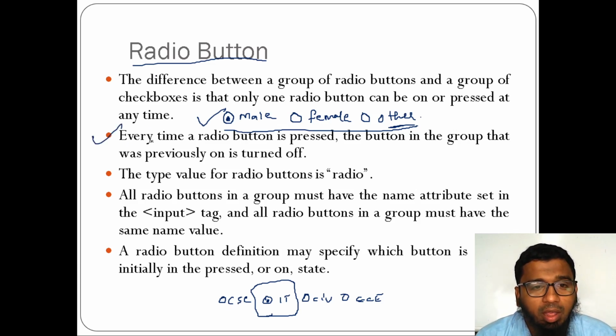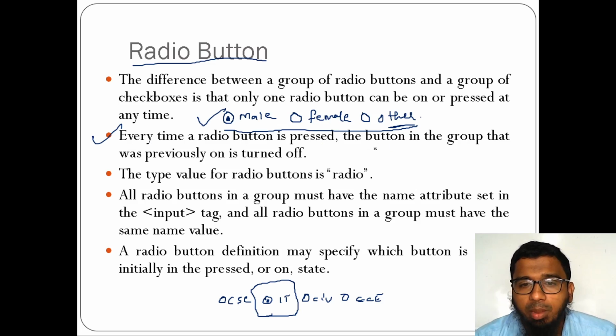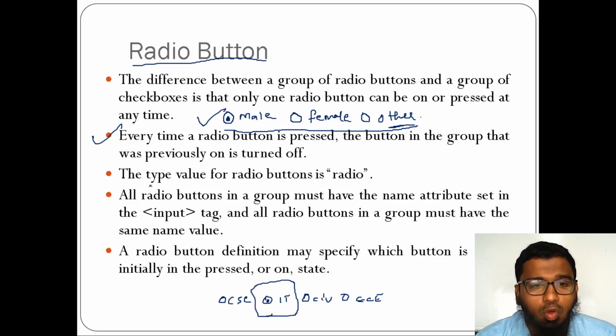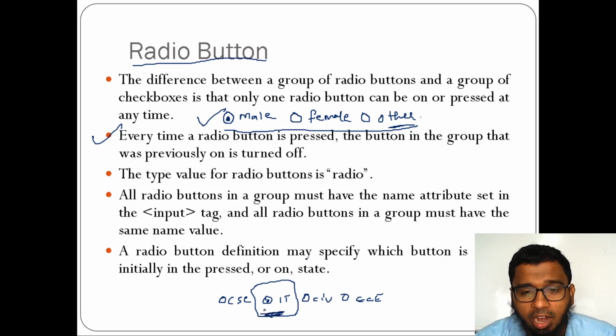Next point: every time a radio button is pressed, the button in the group that was previously on is turned off. Take the IT example here.